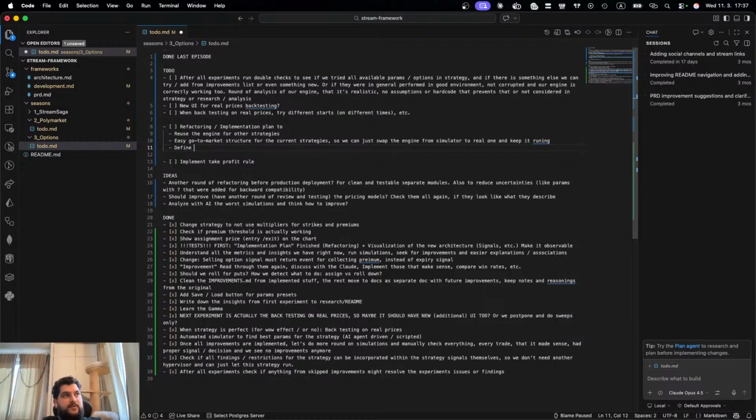Define deployment rules and supervision for the strategy to turn strategies on and off when market conditions change.